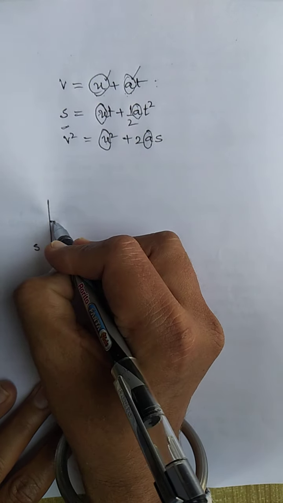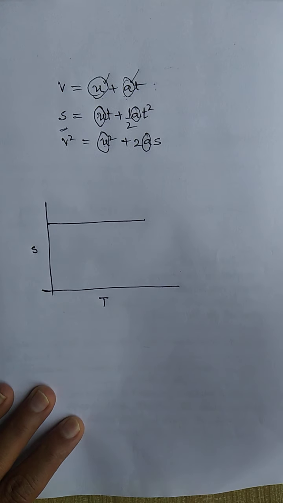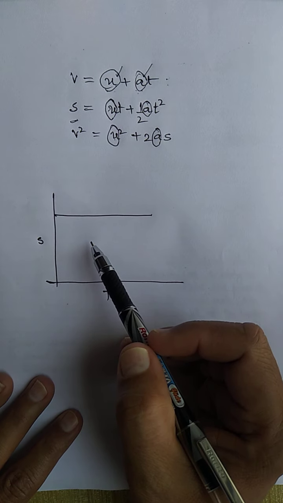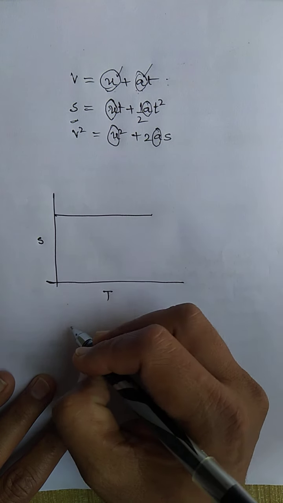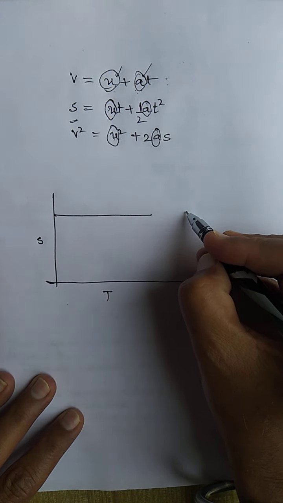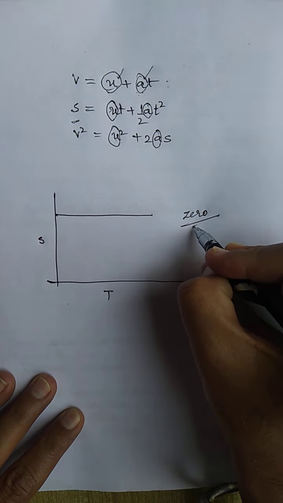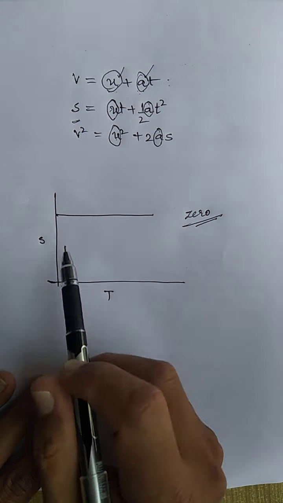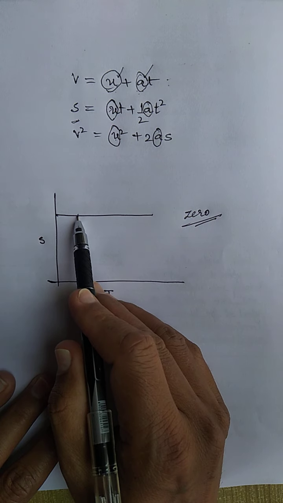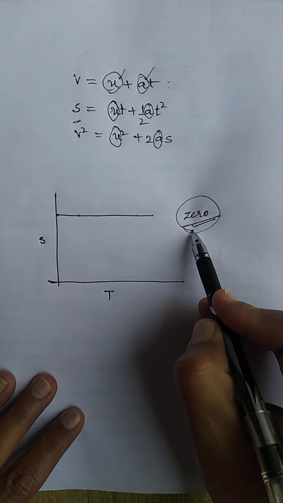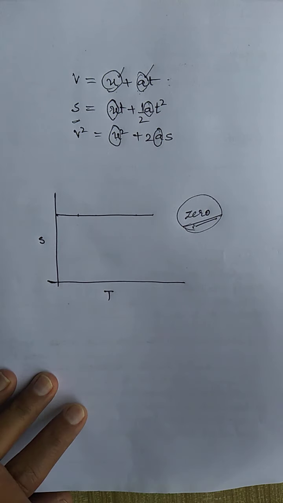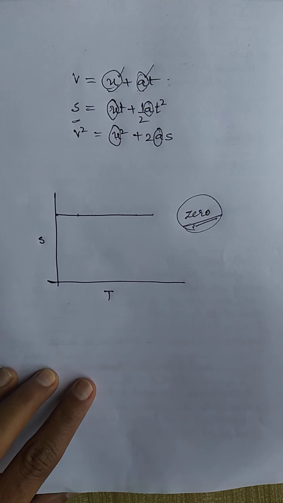Now if this is the case, can you guess what the speed is? The speed here is 0. Why? That means the body is stationary. With the passage of time, the distance is not changing. So that means the speed is 0. That is also a case you can study under the distance time graph.